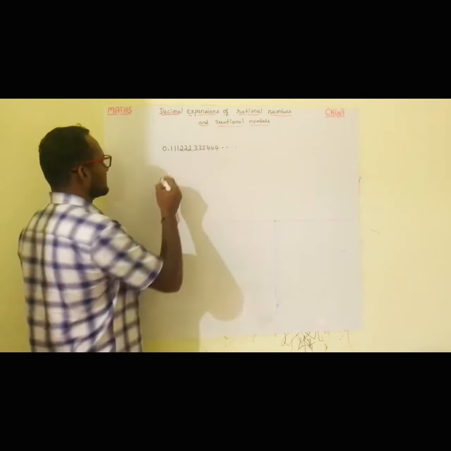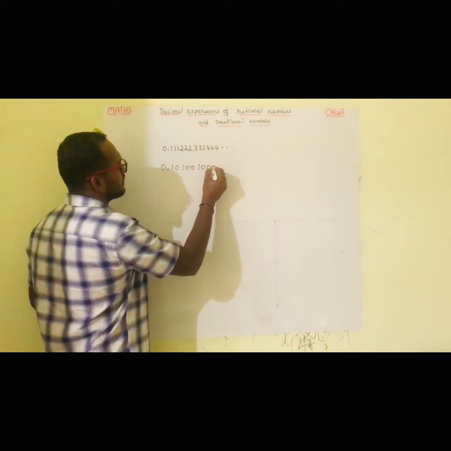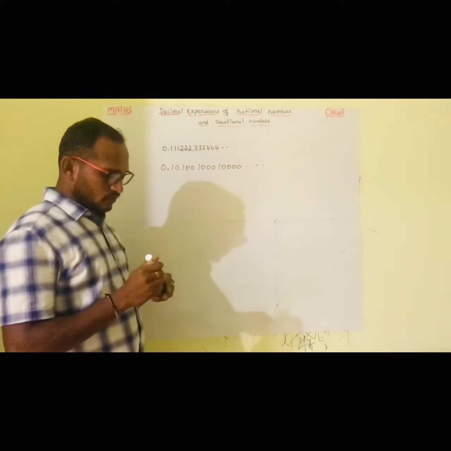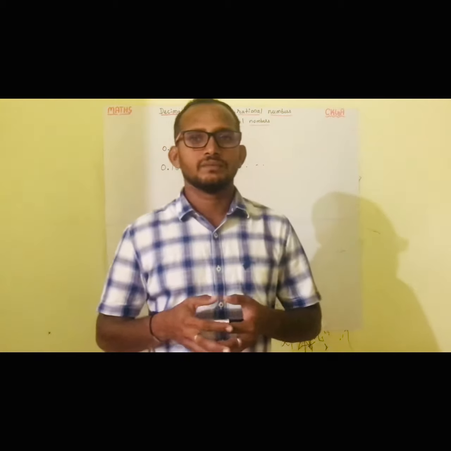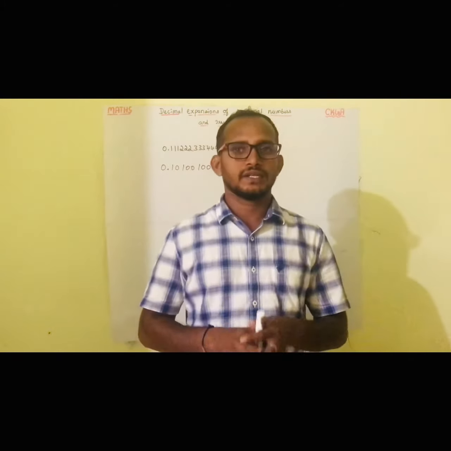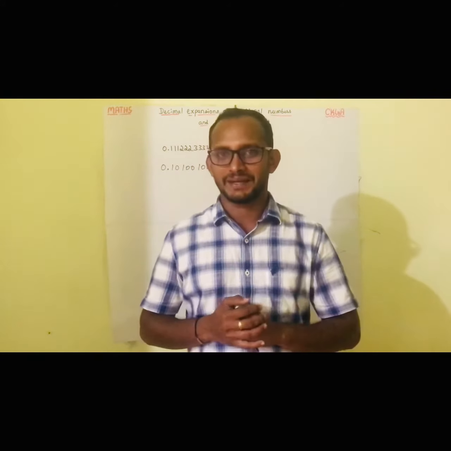I can write some more, like 1 0 1 0 0 1 0 0 0 1 0 0 0 0 1, and keep on writing. So at last, I conclude again regarding irrational numbers: the decimal expansion of an irrational number is always non-terminating and non-repeating. Keep these two points in your mind.